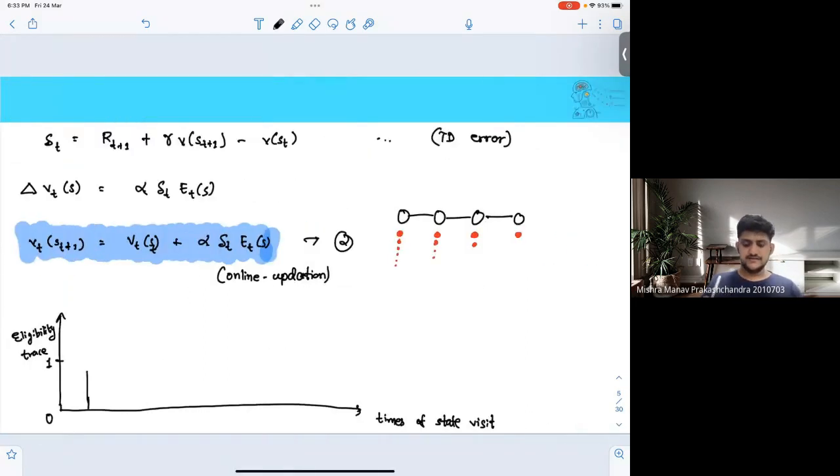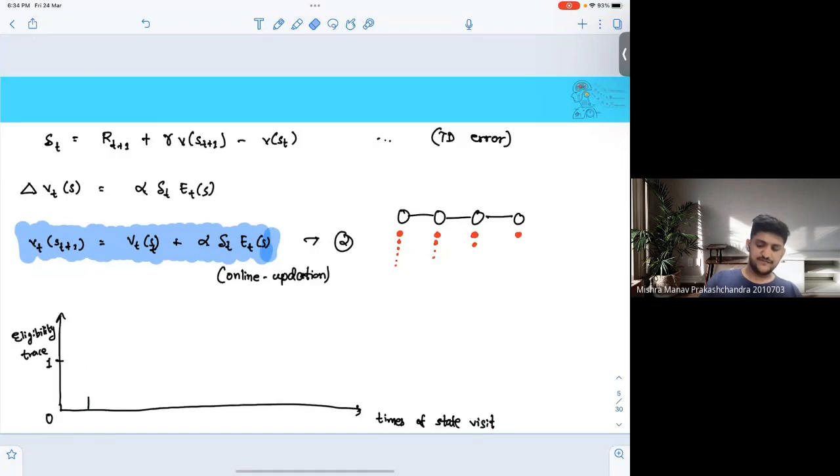So we don't want the eligibility to grow unbounded, right? In the accumulating trace, the upper bound of the eligibility is not defined. If a particular state keeps getting visited often enough in a particular episode, then the eligibility for that state keeps on rising exponentially, right? So in order to avoid that, there is another kind of trace known as replacing traces.